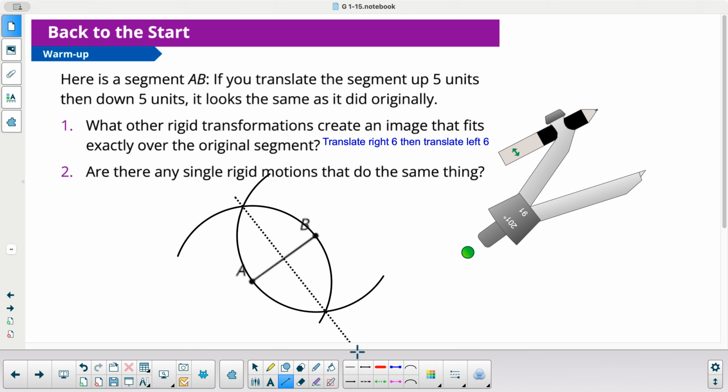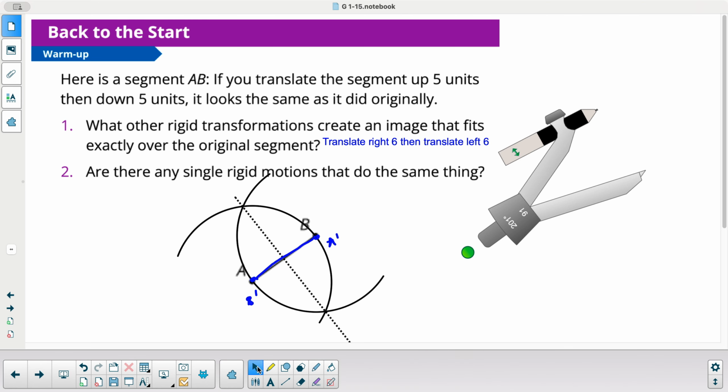Okay, so if I reflect this segment across the perpendicular bisector, it'll be the same image because B will go to A and A will go to B, and then they'll be congruent. So your B prime would be over here, your A prime would be over here, and this segment right here would still be the same.